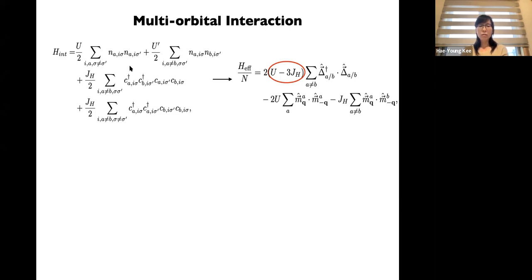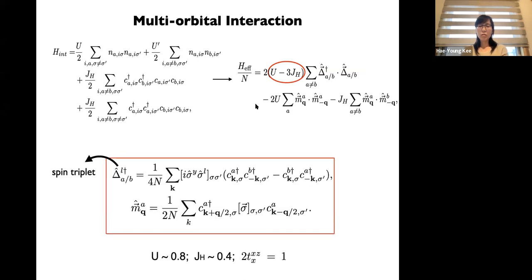And as we know, the Hubbard interaction likes to have a spin density wave, the magnetic ordering. So that is the attractive part of these interactions. The order parameter delta, as I wrote earlier, is a spin triplet. Remember that if I had only sigma y here, it's a spin singlet. Now I have sigma L here, where L represents x, y, z, and that takes the d vector direction.